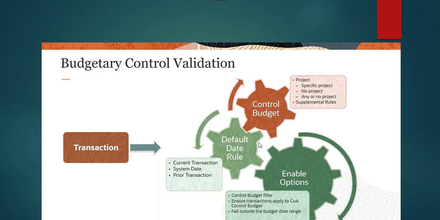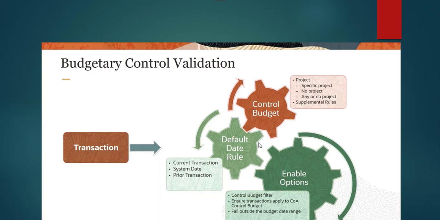So we have things like our control budget filter. Is it set to ledger, project, or ledger and the project? So what are we actually checking? We have got our budget accounts, our budget structure within our control budget to say what levels we are checking our funds at, etc. And is it for a specific project or not?